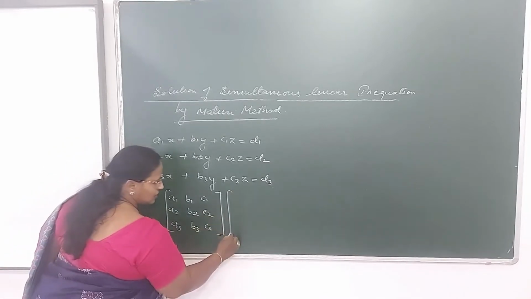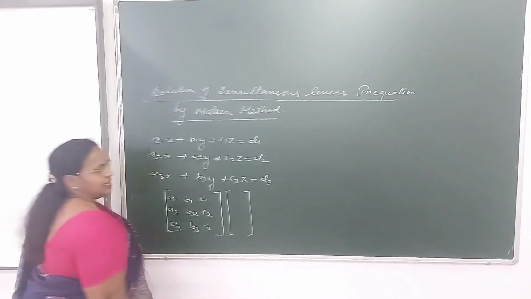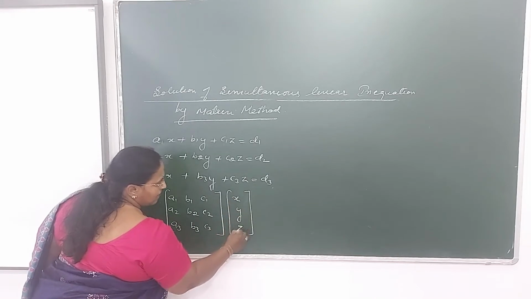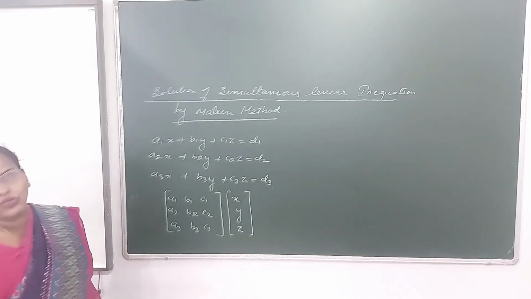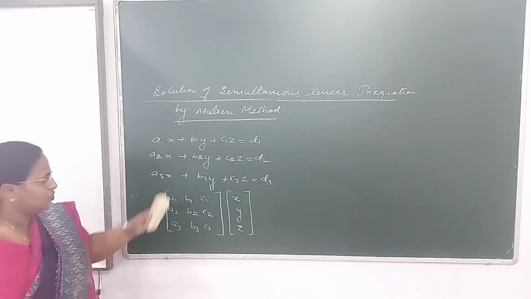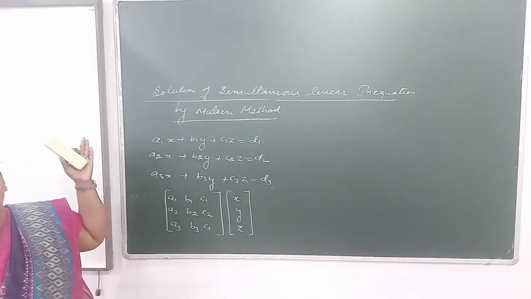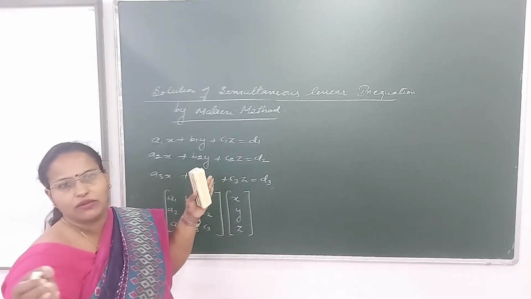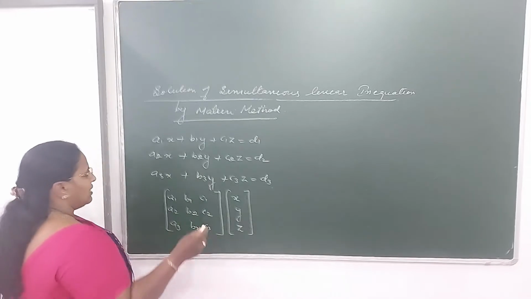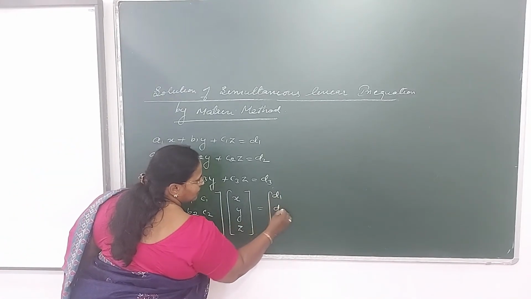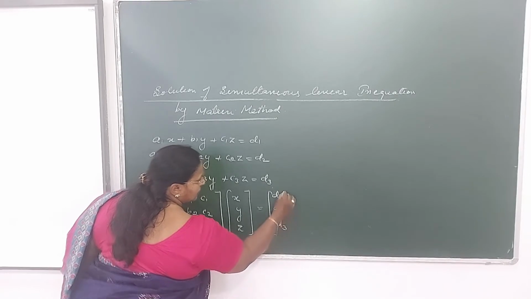Then comes a column matrix. Now the column matrix will be the matrix of the unknowns, that means the variables. So here three variables are involved, x, y, z, so you will write them in a column. Column matrix means a matrix having a single column. This is equal to the column matrix of the constants, d1, d2, d3.